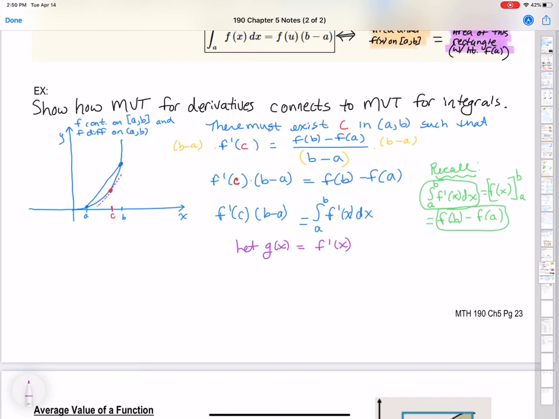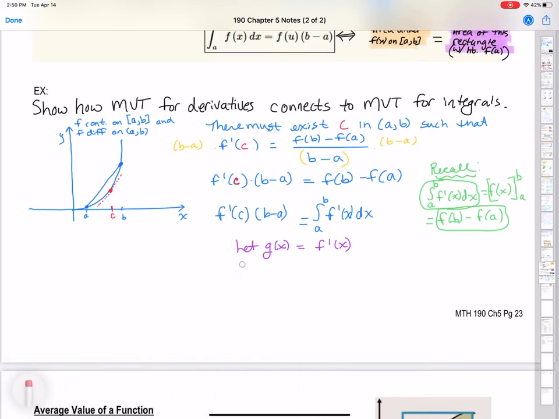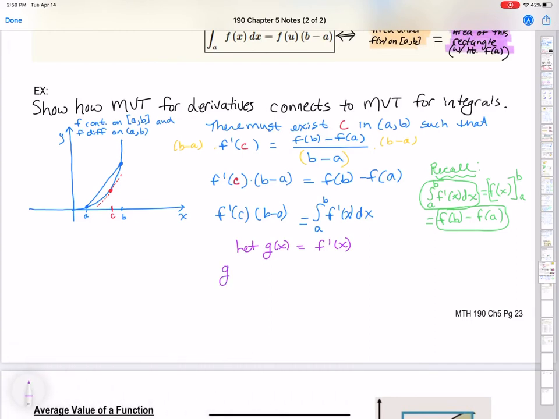And so now we would have g at c, not g prime, that's the whole reason I replaced that. Sorry. Just instead of f prime, it's just g. So g of c times b minus a is equal to our definite integral from a to b of now just g of x dx.